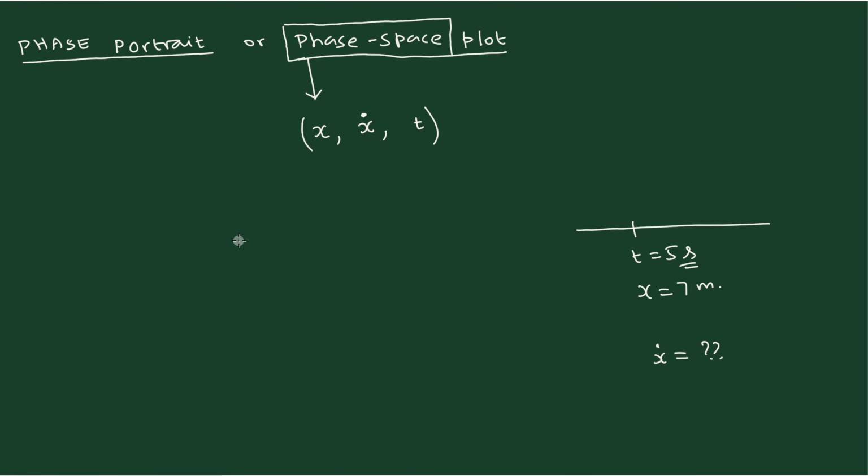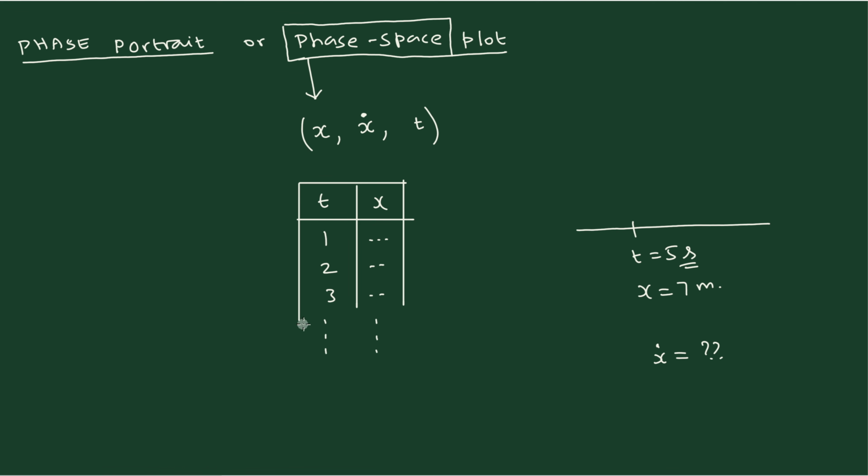If these three values are there, you make a tabular column like this and say that at time t, let us say 1 second, 2 seconds, 3 seconds, etc., what is my position? You fill this number here. So the position of the object will be like this and so on. And that's all. So this is one table that you have.